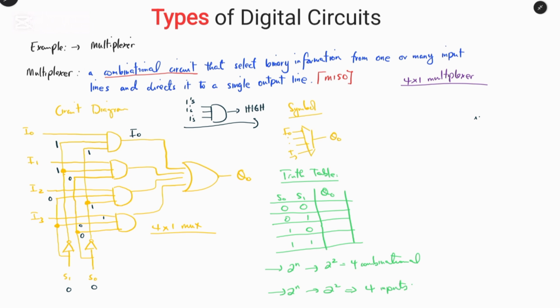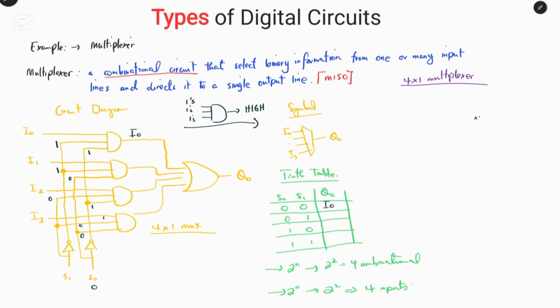The output will be I only if all of its inputs are high, or ones, or having 5 volts at the input. So from this we can see that Q0 will be I0. So the output should be I0.